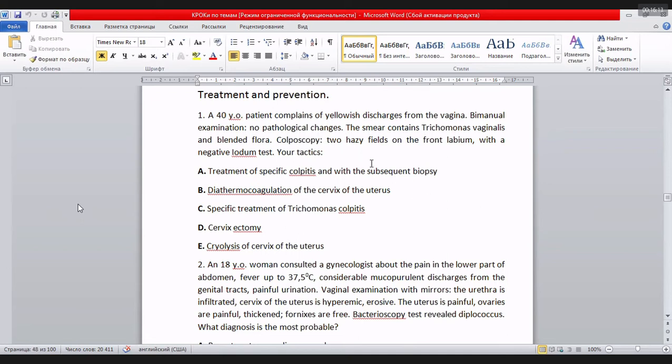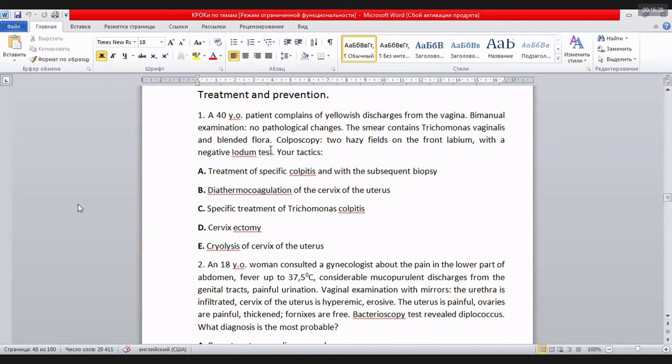And this colposcopic investigation revealed two hazy fields on the front labium, or anterior labium of the uterus, with a negative iodine test. Do you remember what it means negative?